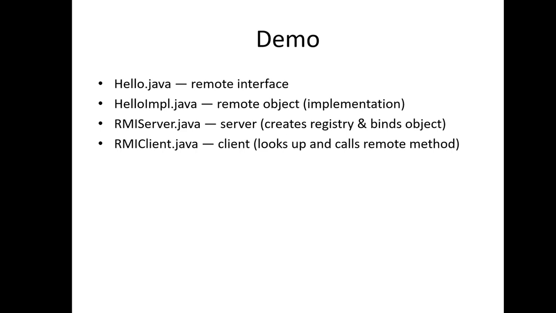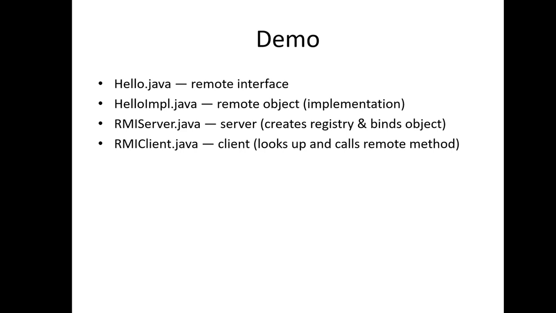We also have to extend a special class called UnicastRemoteObject when we create this Hello implementation. Then there are the RMI server and RMI client. The RMI server is the third file. It creates an RMI registry, which you can imagine as a phone book for remote objects. Once we create the remote object, it can be registered using the registry.